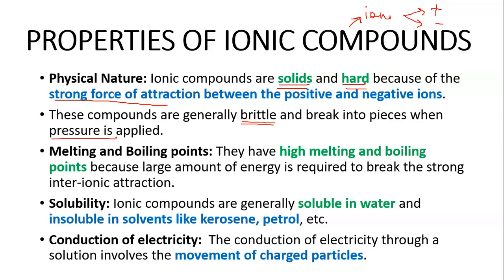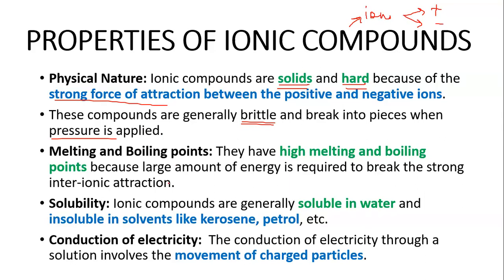Now, if we talk about melting and boiling points, they have high melting and boiling points. Like sodium chloride has a high melting point, high boiling point. These ionic compounds are made up of ions, and there's a strong force of attraction between these oppositely charged ions. So a lot of heat is required to break the force of attraction between them and to melt them or boil them.